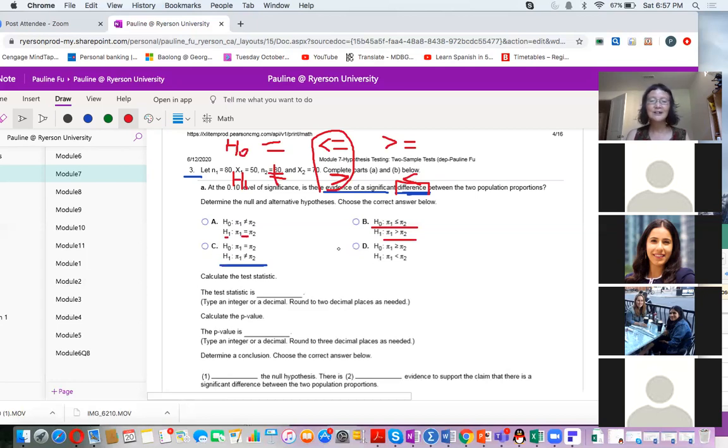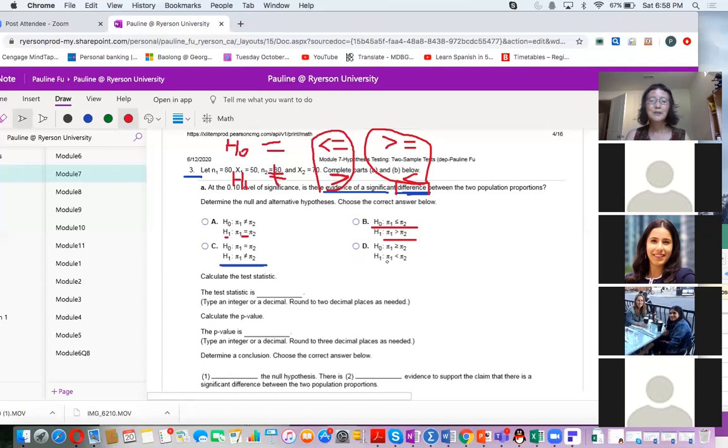Okay, so now let's go to D. Why is D wrong? In D, H0 uses greater or equal, fine. H1 uses smaller, looks good, and they're paired together. But answer D does not apply to our situation. Our situation said two population proportions different.